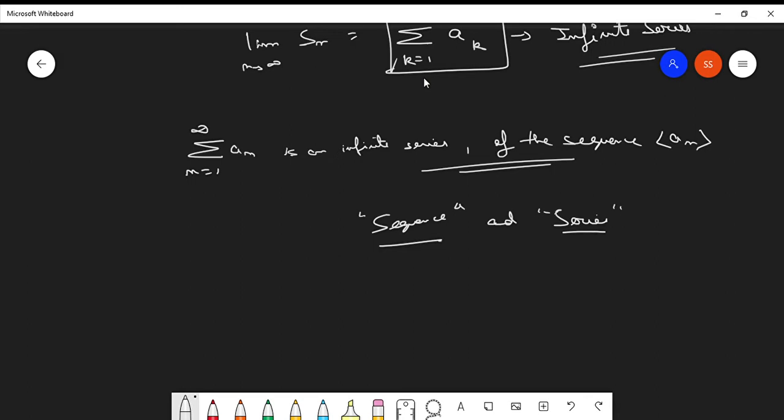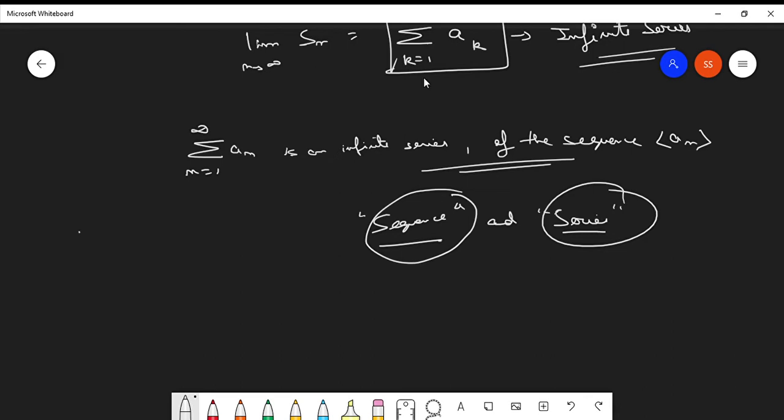The reason being, you have a sequence, and using the terms of the sequence you form a new sequence of partial sums. The nth term of those partial sums gives you a particular structure. If you tend that nth term to infinity, you get what we call an infinite series. Clear? Got it?